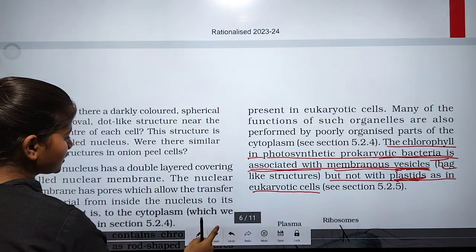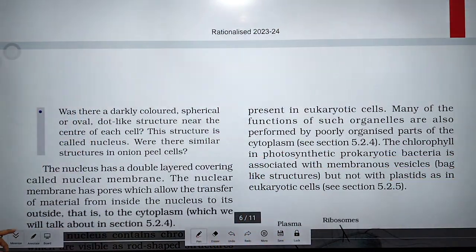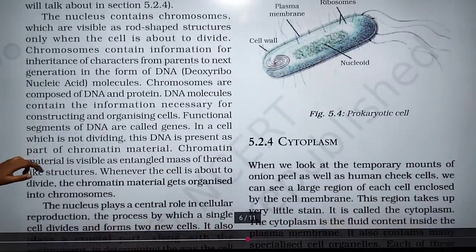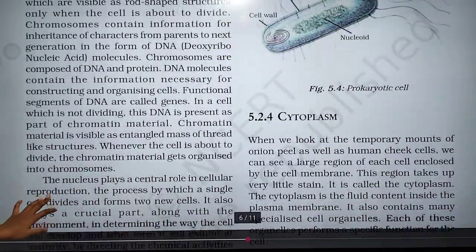It means eukaryotic cells have plastids, but prokaryotic cells do not have plastids.